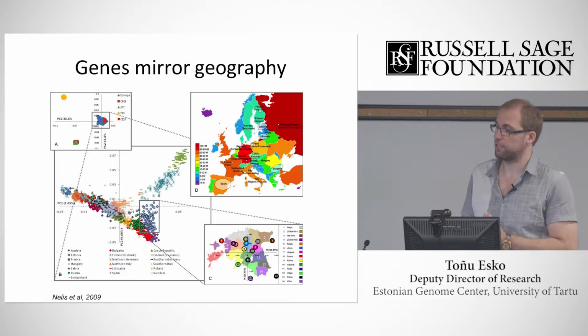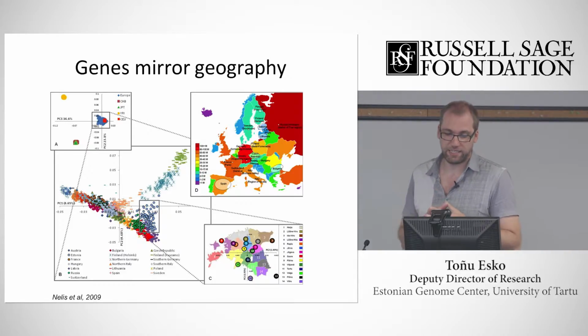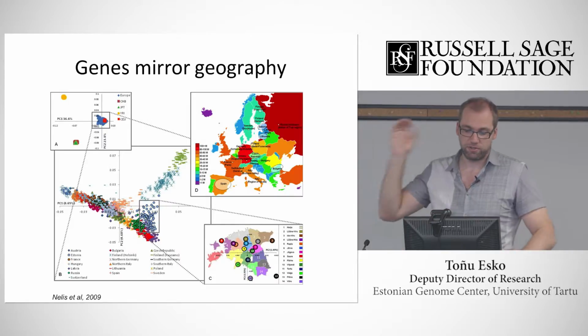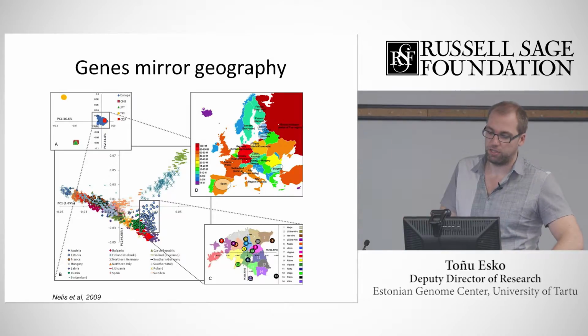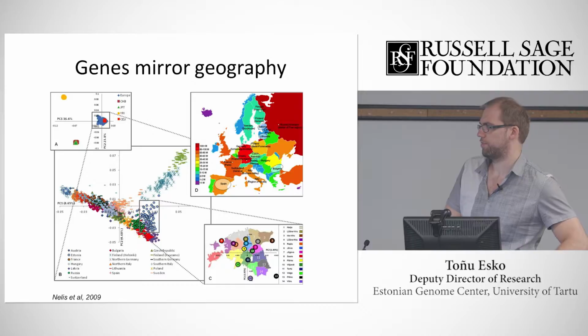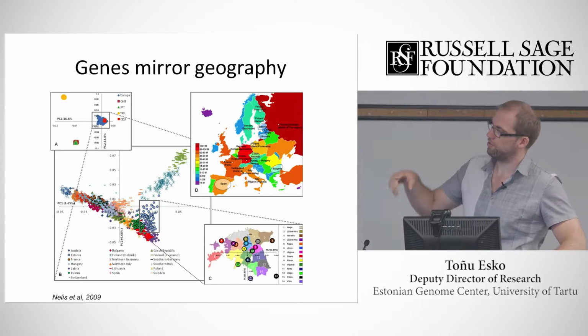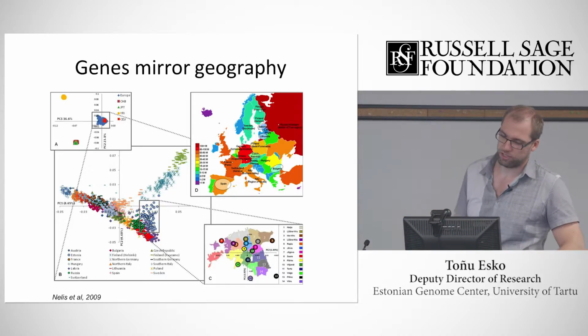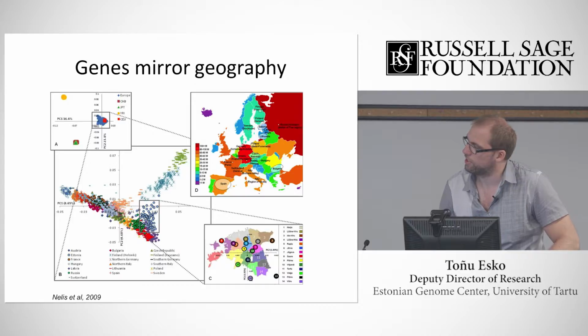This is a study I did myself back in the day. If you focus on the plot on the lower left, in the blue box here we have Estonians, and the colors are the different populations we studied.